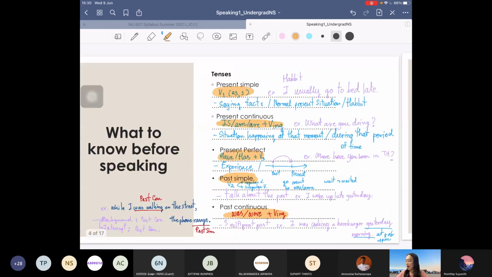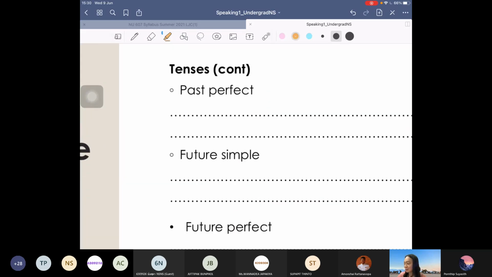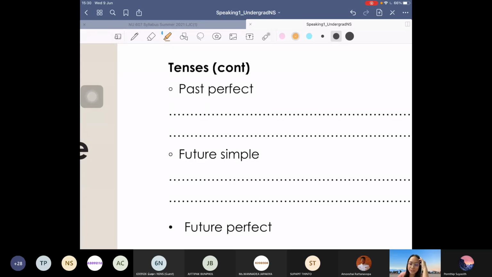Okay, all right. Next, past perfect. Okay, past perfect, we basically use it with another tense, past simple. ปกติเราใช้ past perfect กับ past simple คู่กันนะคะ เพื่อบอกเหตุการณ์เกิดก่อนเกิดหลังนะ for explaining situations that happen in different time frames, where one event happened prior to another event.